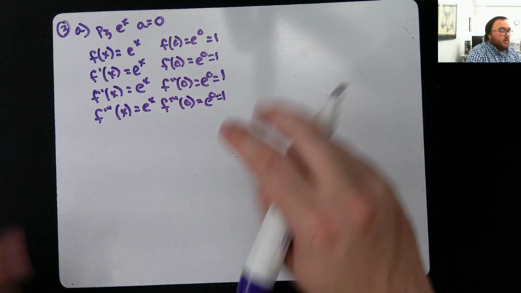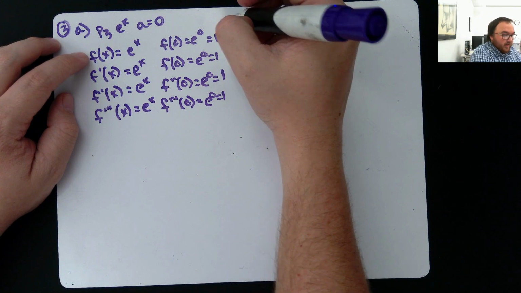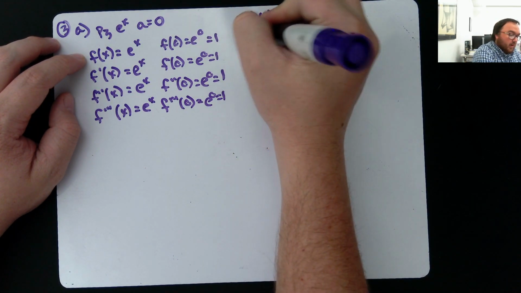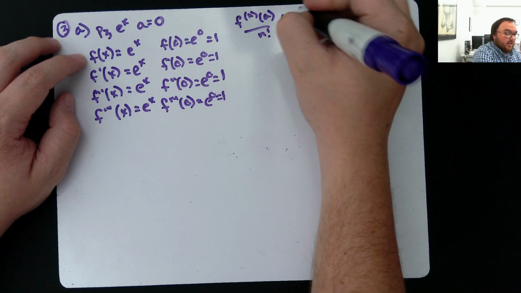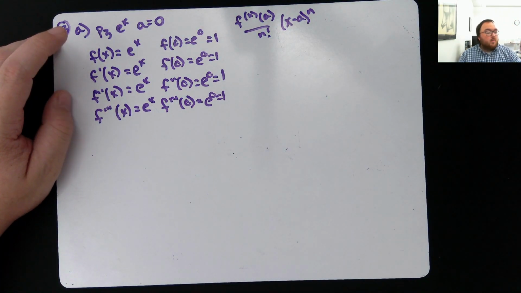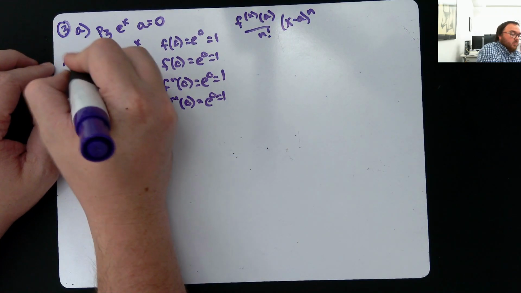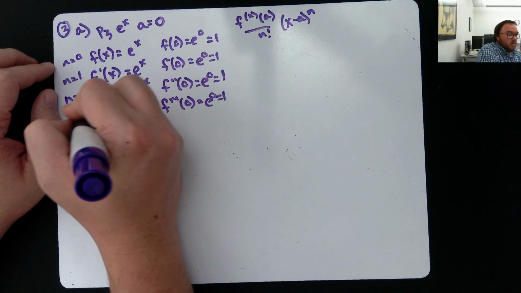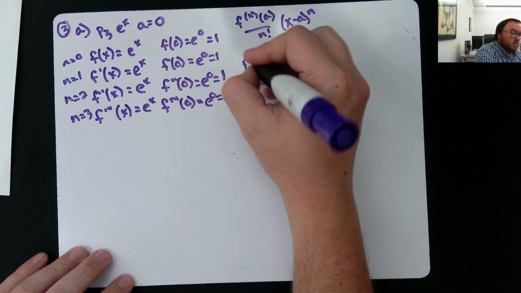So for the first one, n is equal to 0. Again, remember what I'm wanting is the nth derivative at a over n factorial times x minus a to the n. For the first one, for n equals 0, that's just f at a, which we said was 1.